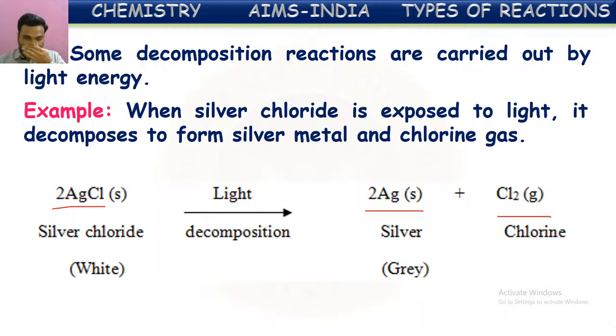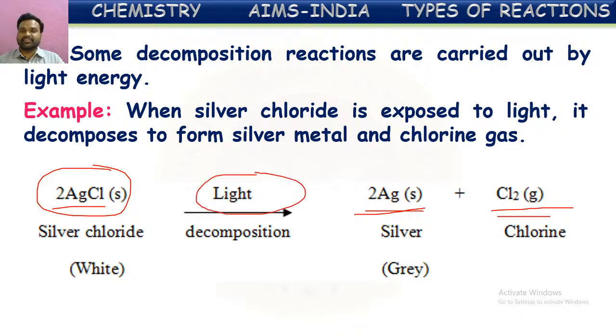So this is a decomposition reaction in which a compound splits into two simpler elements in the presence of light or sunlight. Hence this is called a decomposition reaction occurring in the presence of light energy.